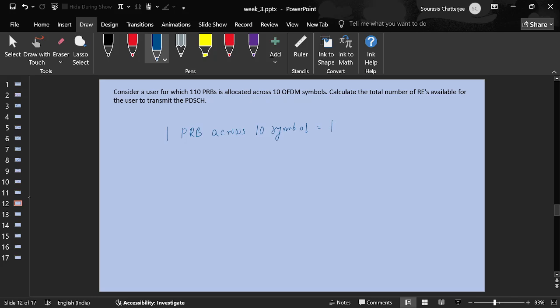So there are 12 subcarriers and I have 10 symbols, so I need to multiply with that, and I also need to account for the subcarriers reserved for pilot transmission, right? That is 6. So it comes out to be 114.